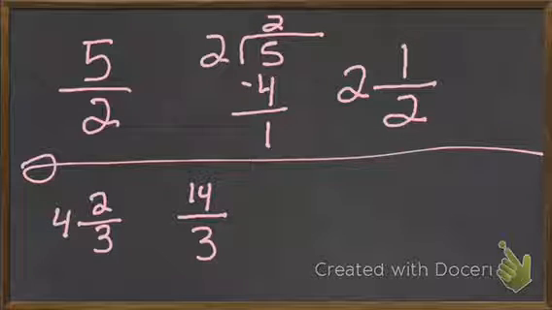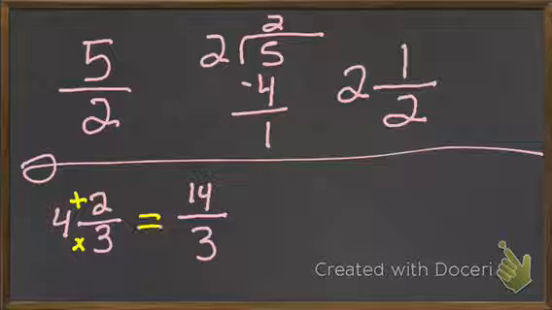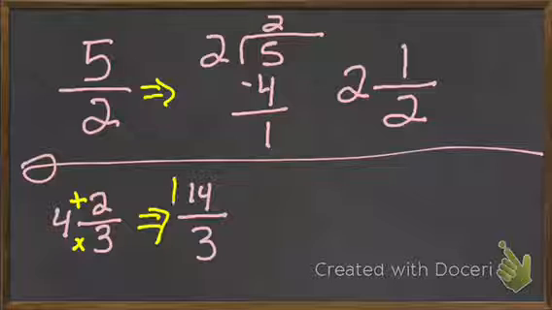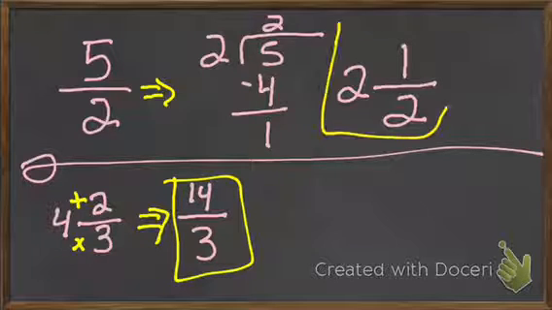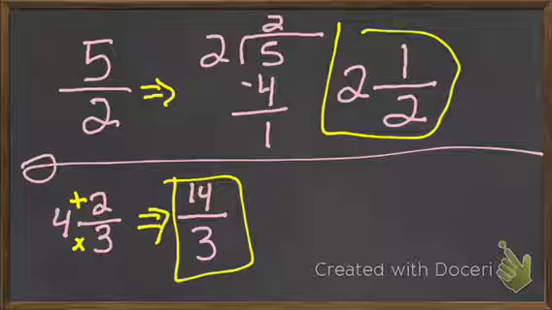So I said 3 times 4 plus 2, and that equals 14 over 3. This is this answer, and this is this answer. So we talked about the 3 types of fractions that we're going to be working with: proper, improper, and mixed numbers.